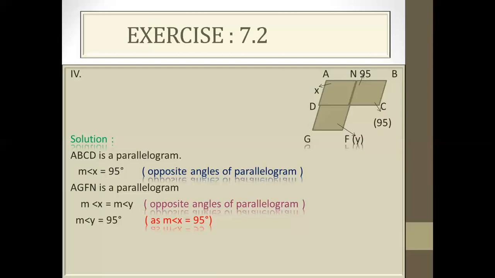But y is equal to x, it means that y will also be equal to 95 degree. So according to the given diagram, two parallelograms are there. X and y were unknown and both angles have the same value 95 degree.